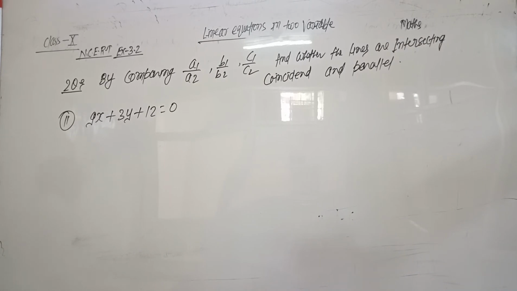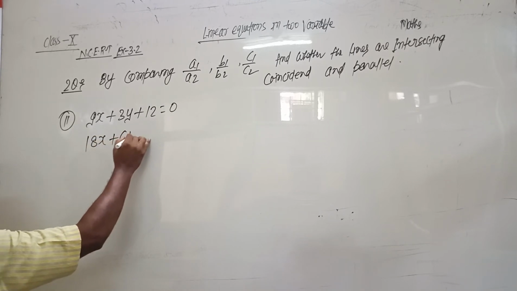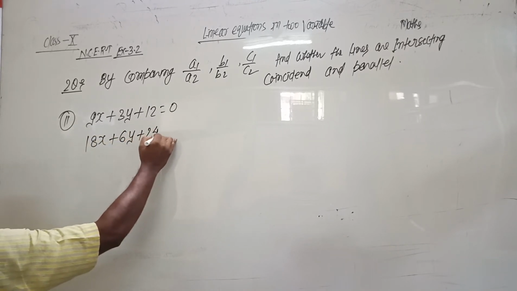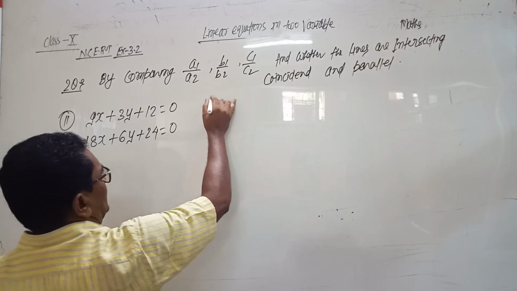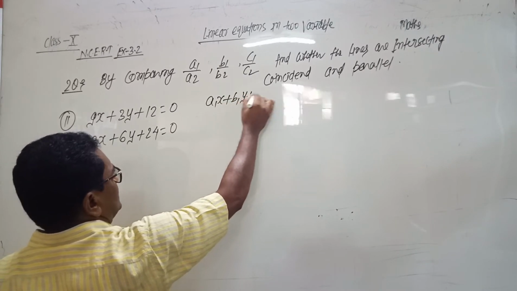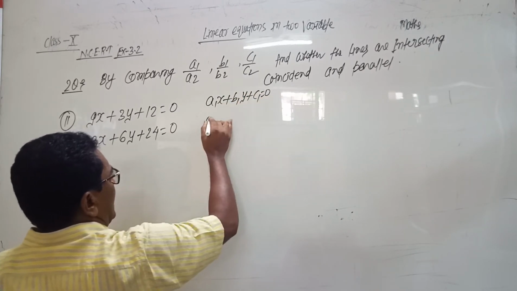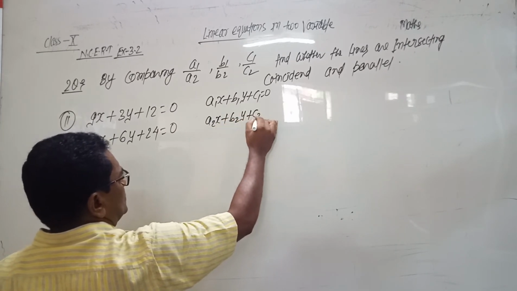And 18x plus 6y plus 24 equals 0. So this is the linear equation of the form a1x plus b1y plus c1 equals 0 and a2x plus b2y plus c2 equals 0.